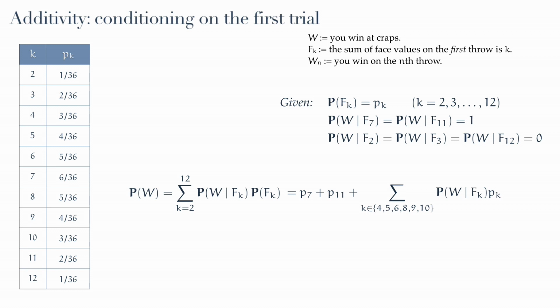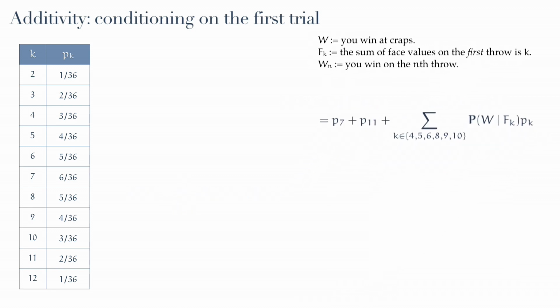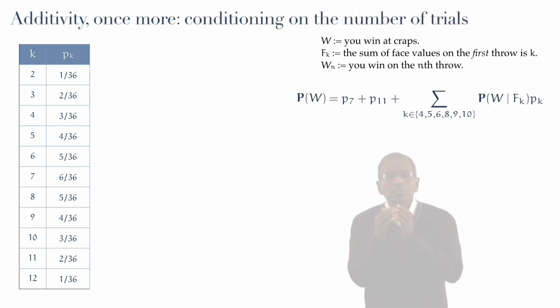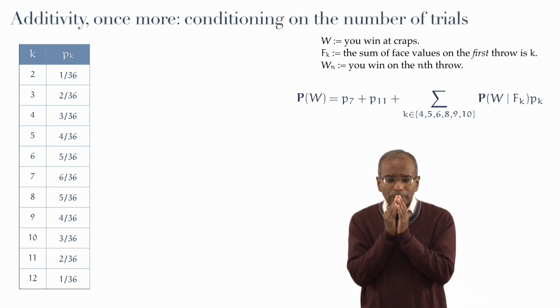The conditional probability in the cases k equal to 7 and 11 contribute exactly 1, and therefore our sum simplifies to p7 plus p11 plus now a sum over the residual terms k running between 4, 5, 6, 8, 9 or 10. Okay, so that means we now have a conditional probability to evaluate in those residual cases. Let's move on directly and see how we can go ahead and do this.